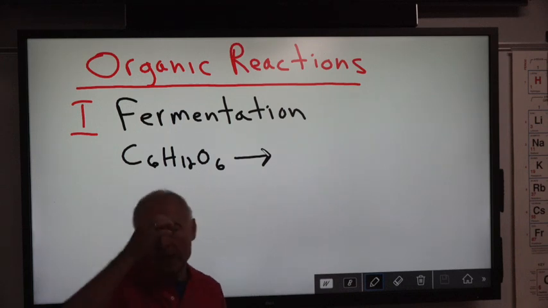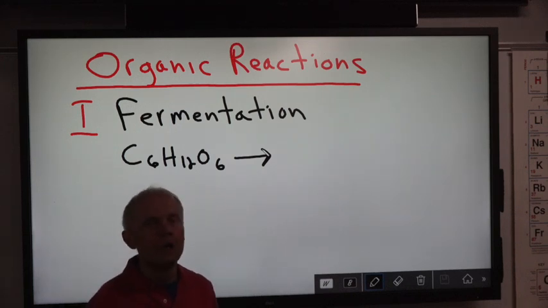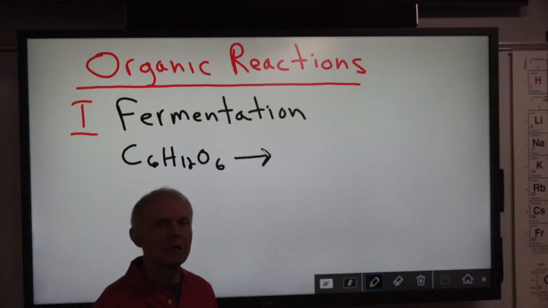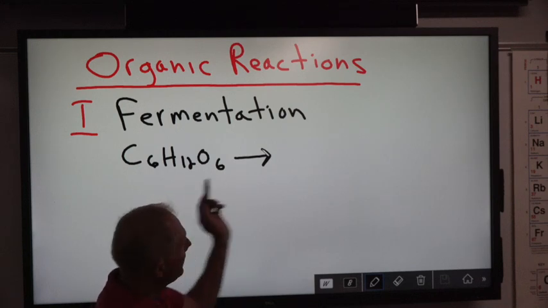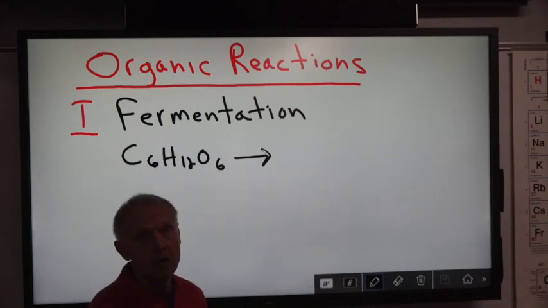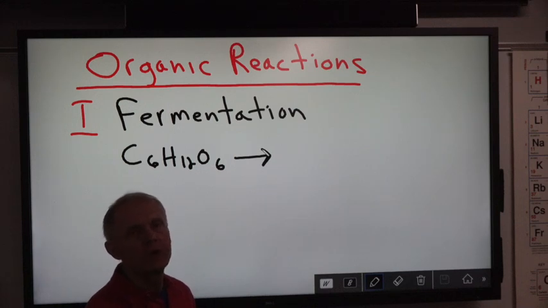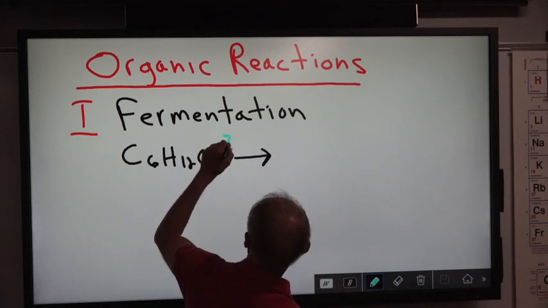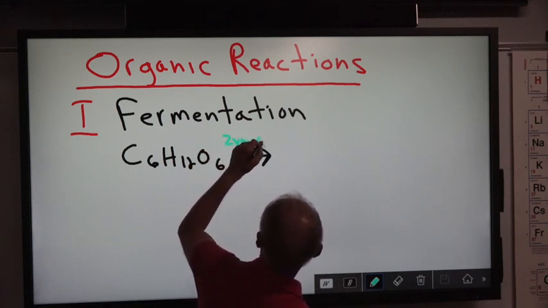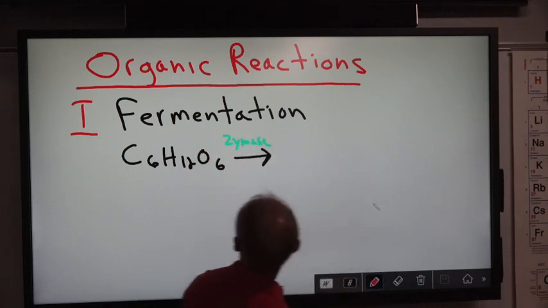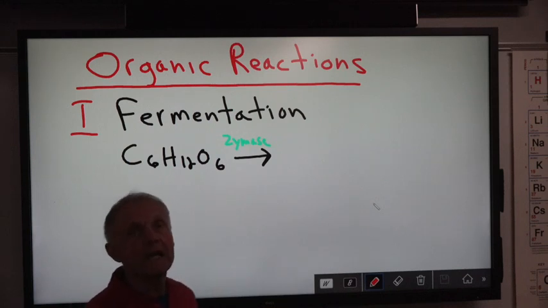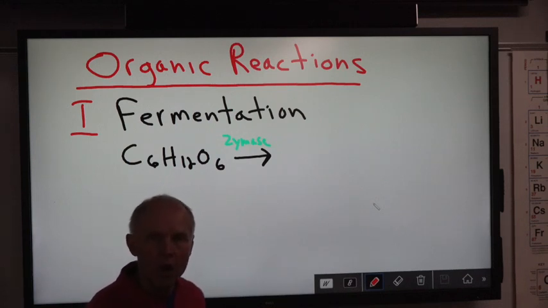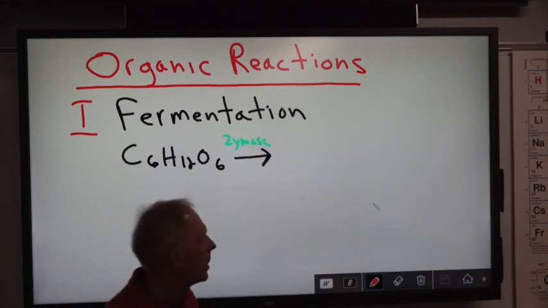All right, something like grains, wheat, oat, barley, corn, or grapes, or anything that has sugar in it, and then you can ferment it to make alcohol. Remember, we need this one enzyme called zymase. And from that, we get ethanol or ethyl alcohol, or the common name grain alcohol.